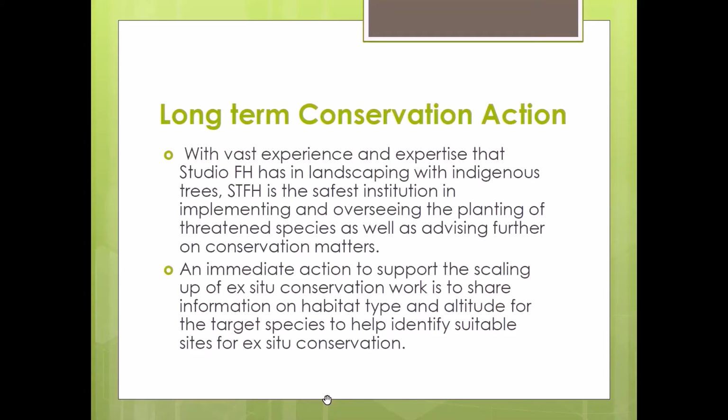For long-term conservation action, with the vast experience and expertise that Studio FH has in landscaping with indigenous trees, Studio FH is a service institution in implementing and overseeing the planting of threatened species, as well as advising further on conservation matters. An immediate action to support the scaling up of ex situ conservation work is to share information on habitat type and altitude for the target species to help identify suitable sites for ex situ conservation.